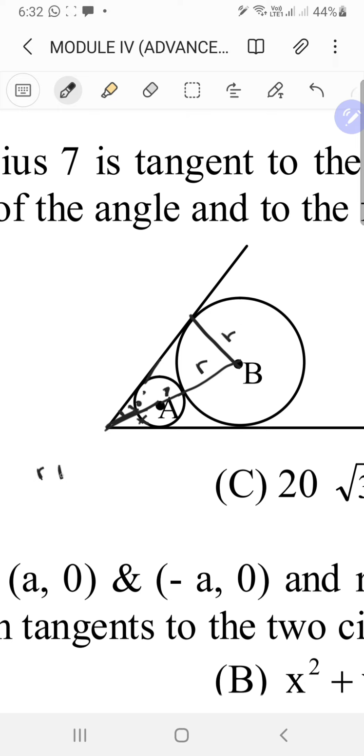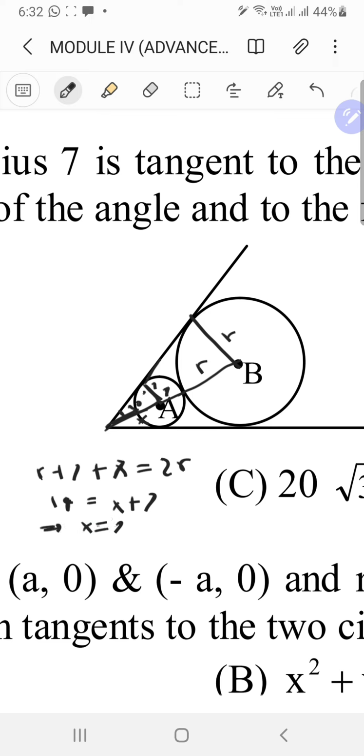It's like r plus 7 plus x is equal to 2r. And over here this thing is 7, so 2 times 7 is 14, is x plus 7, which means x is 7.